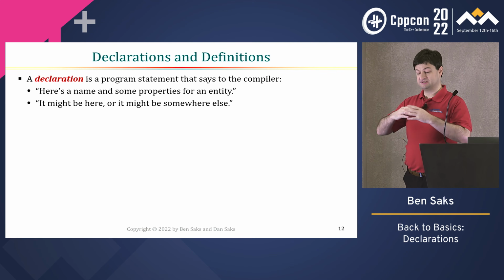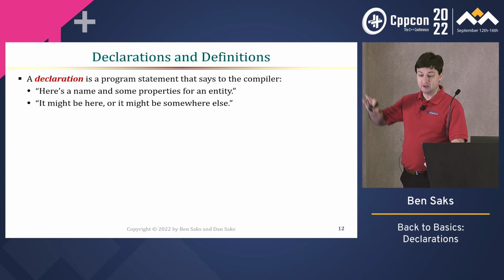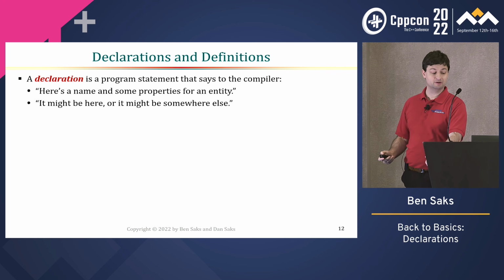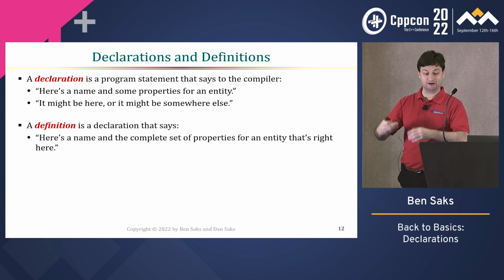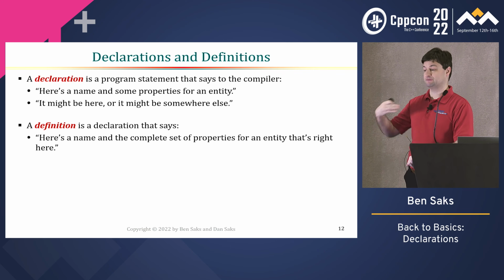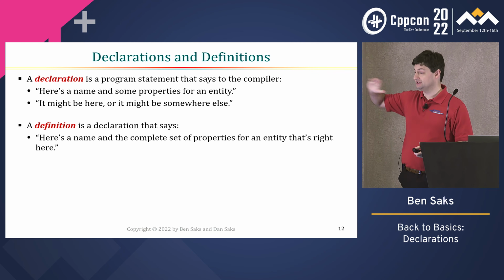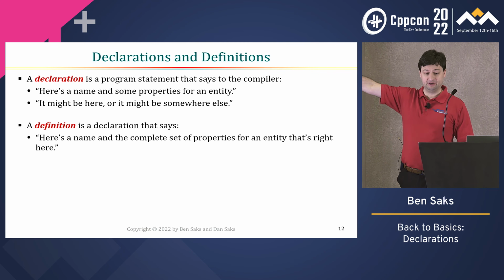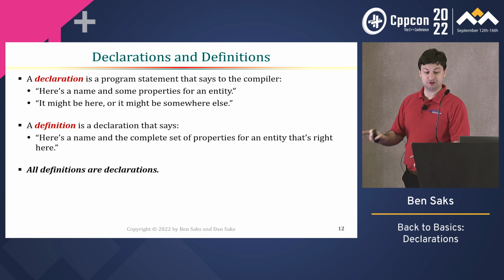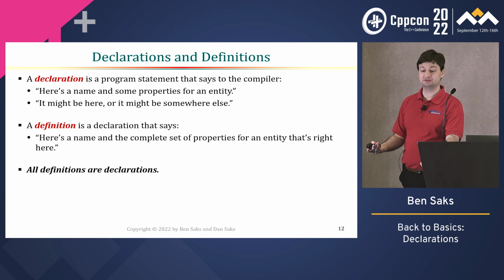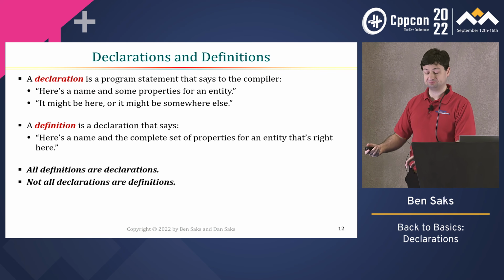It just says this thing's going to exist somewhere in the program, maybe here, maybe elsewhere. Whereas a definition gives the compiler a complete set of information about the thing being defined, and also gives its location. It's right here where the definition is located. So all definitions are declarations, but there are declarations that are not definitions.